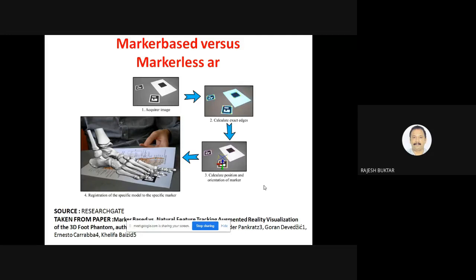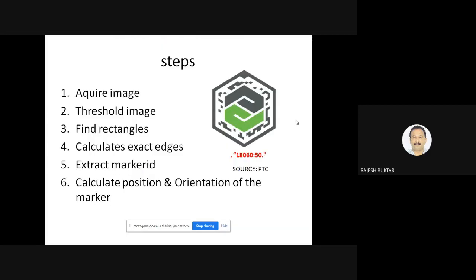You might have seen that once we attach the 3D model with the 2D code. So you can see here, this is the 2D code. This is a ThingMark from PTC. You can see the black and green areas, those are the patterns. And those patterns are already in the knowledge of the computer, because the 3D model is attached with this pattern.